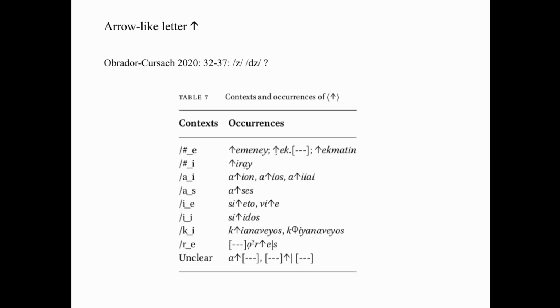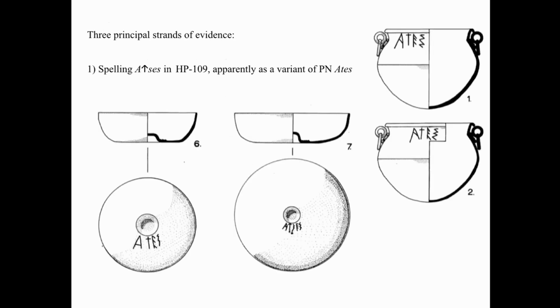So you can see here the list of the attestations, and on the one hand, it's depositionally quite associated with E. On the other hand, we have some interesting synchronical spelling variation.